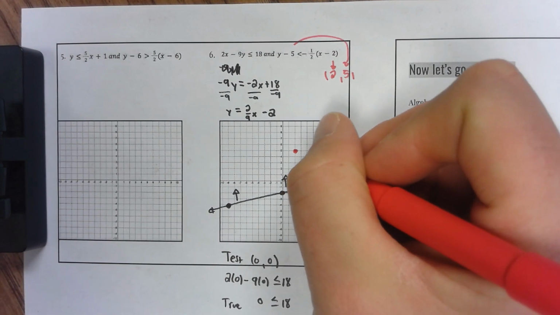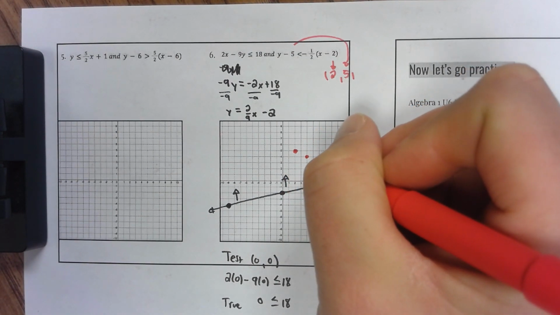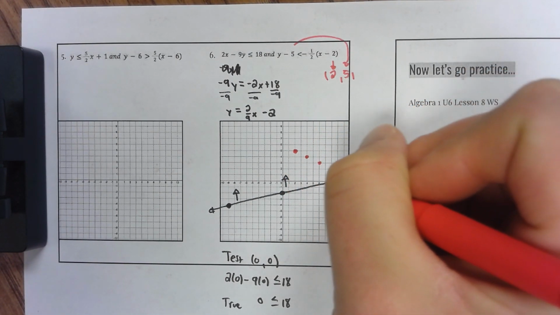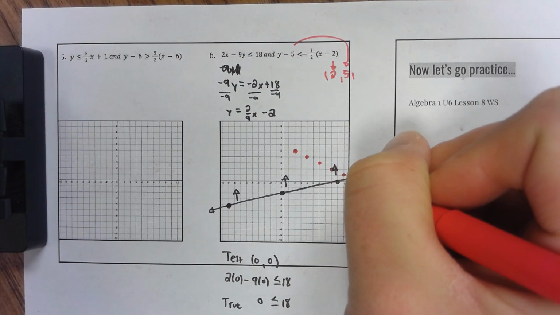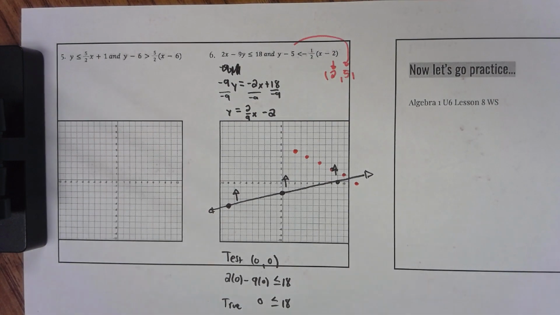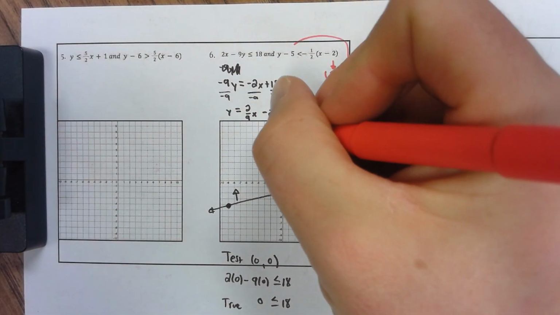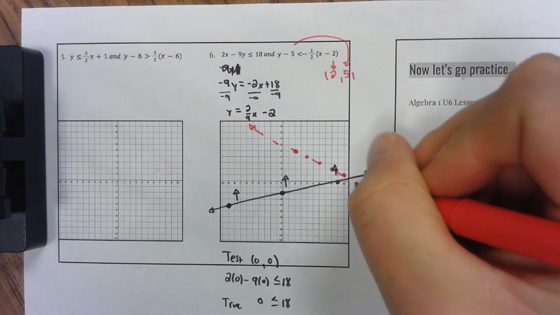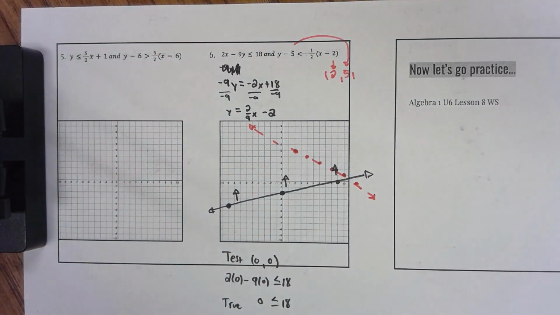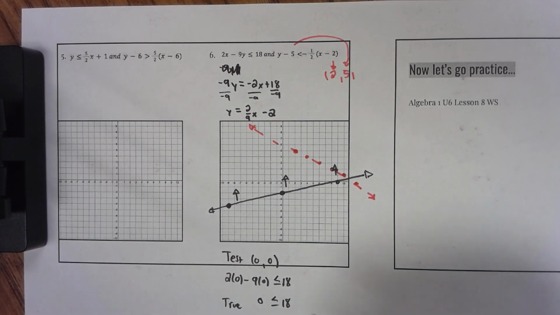Down 1, right 2. This line is a dashed line. And then we just need to figure out where we're going to shade compared to this red line here.